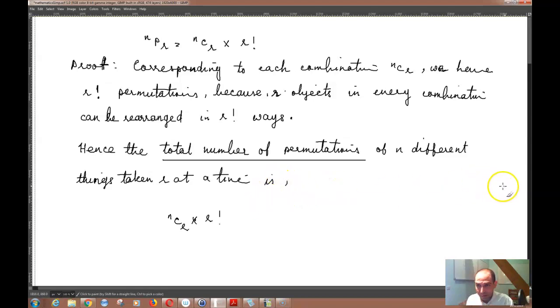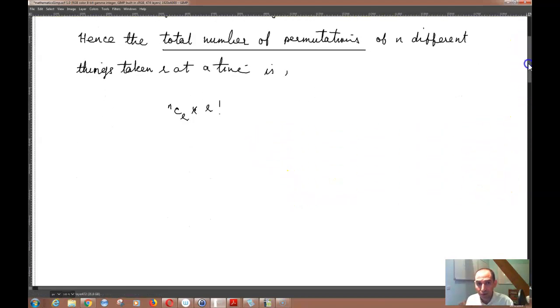Don't forget this, this is the total number of permutations. So I can write that n permutation R is equal to n combination R times R factorial.